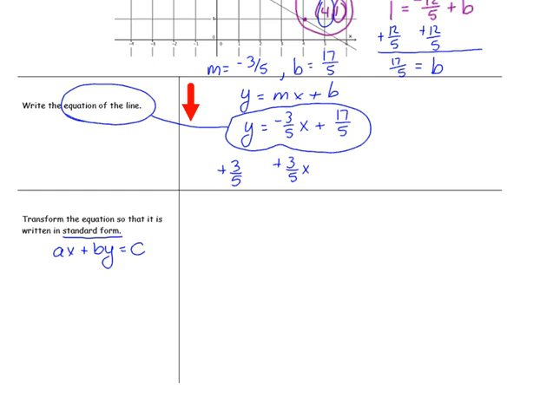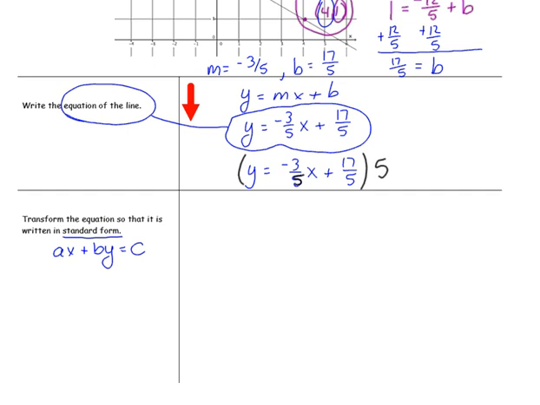Before we do that, let's go ahead and rewrite this so that a, b, and c are integers. So y equals -3/5 x plus 17/5. Currently we have a denominator, so let's multiply the entire equation by the denominator.